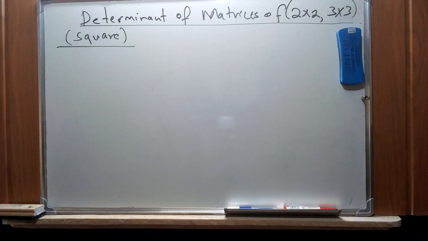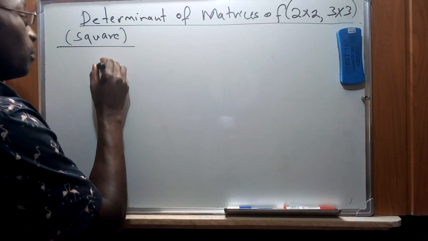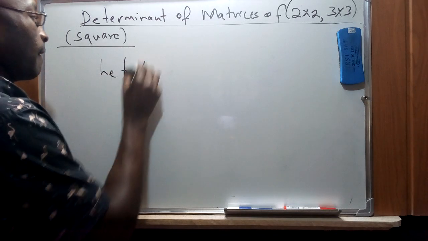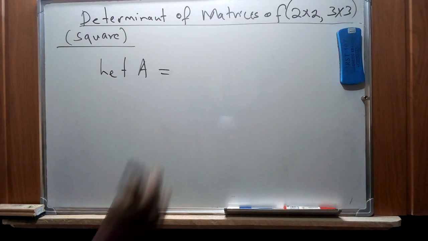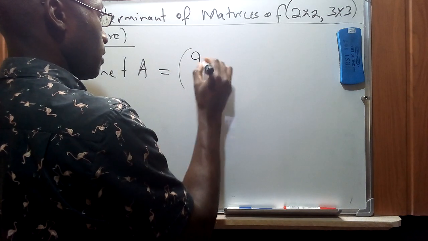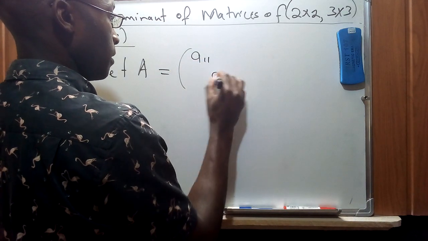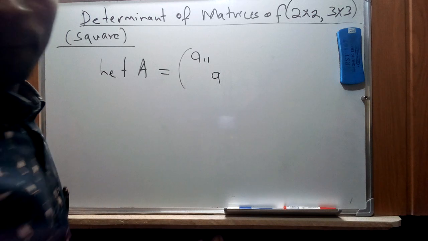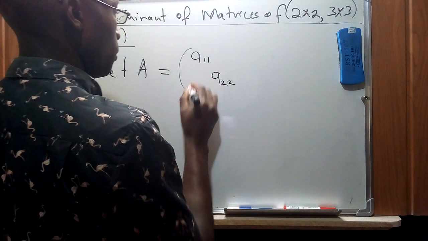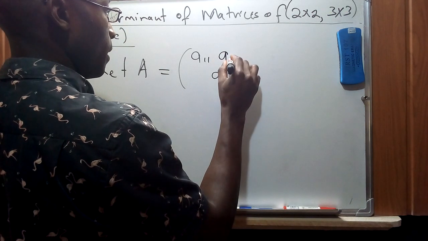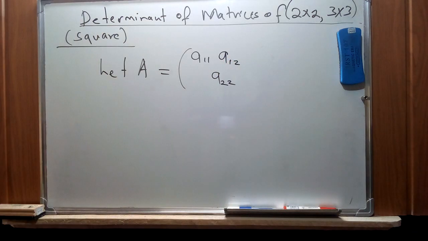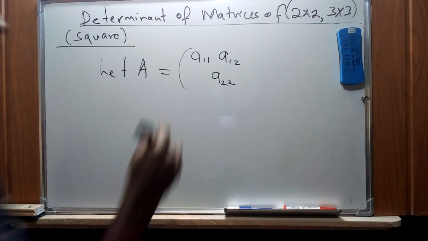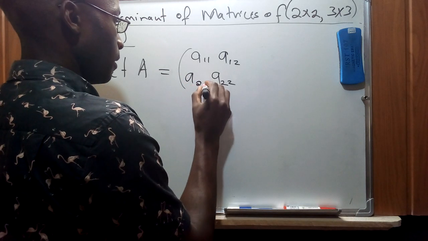Suppose we have an example of a 2 by 2 matrix, represented by A. Generally we say that A can be represented with entries a 1 1, a 1 2 in row 1, and a 2 1, a 2 2 in row 2.